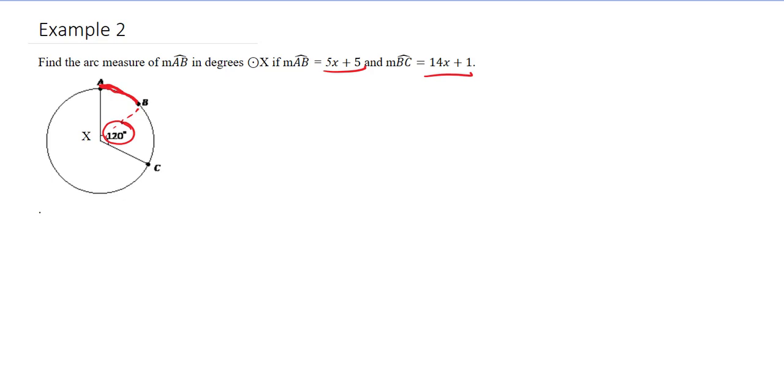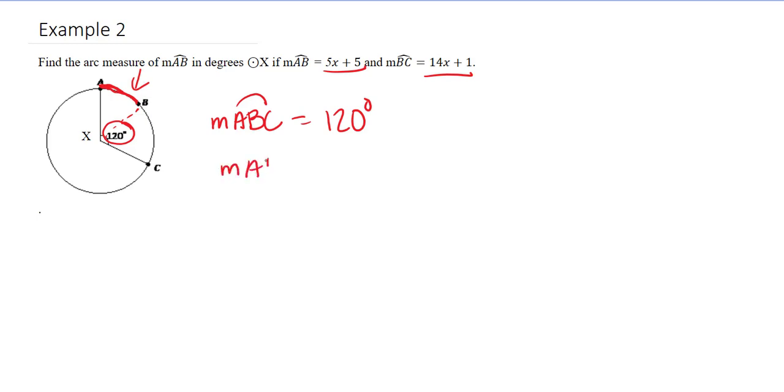And then we're also given 120 degrees for the larger arc, the measure of ABC, which is equal to 120 degrees. So we're given the larger arc, but we need to break that down in order to find just AB. So let's go over all that we know.